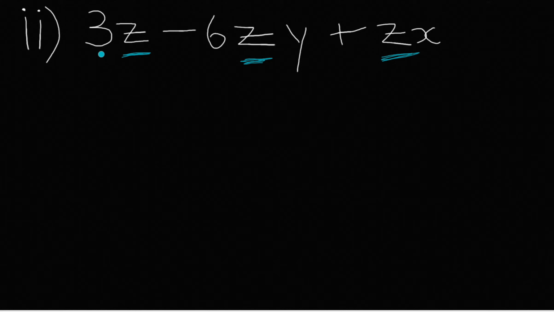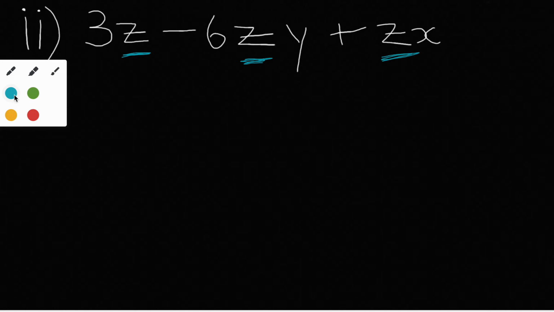For the coefficients, there's 3 in this one, 6 in this one, but there's no coefficient for the last term, right? That means that we can't take any factors of 3 or 6 out. The only factor is 1, and 1 we don't usually write out, right?